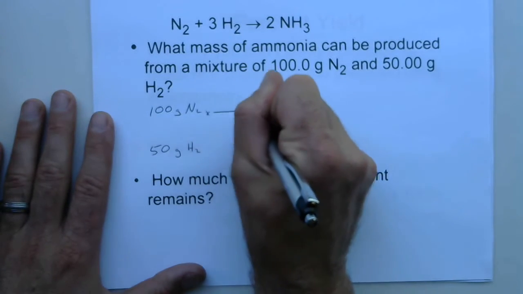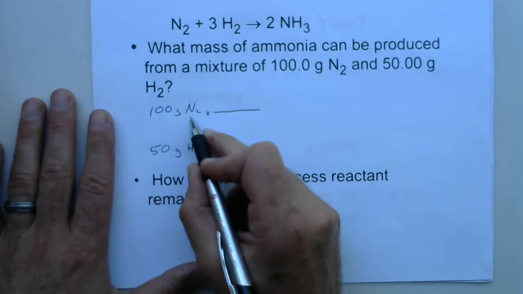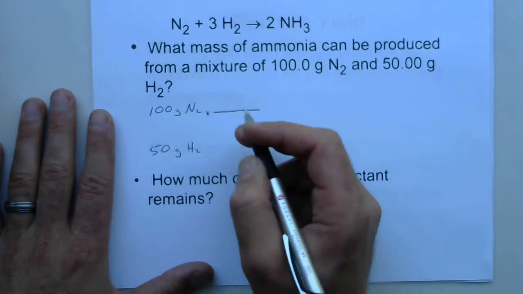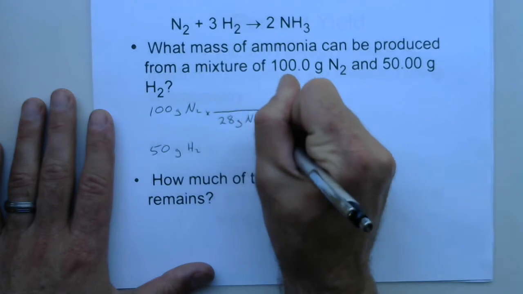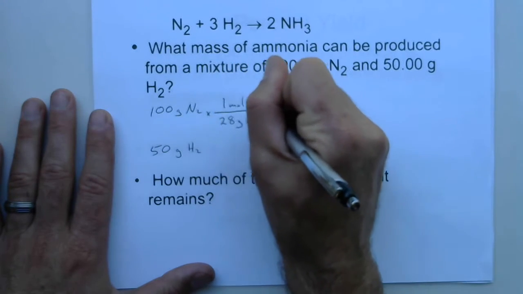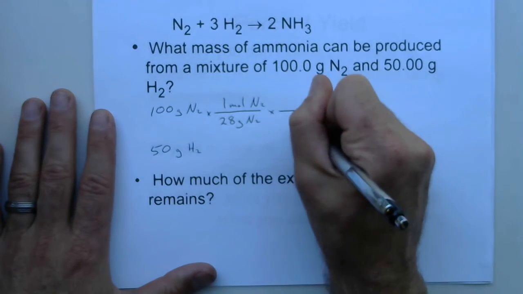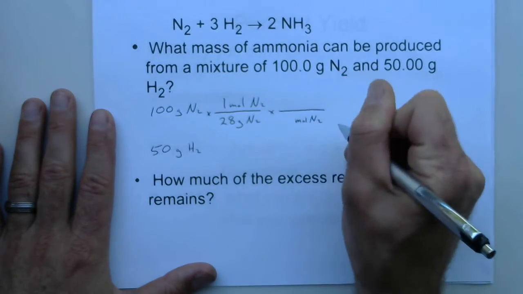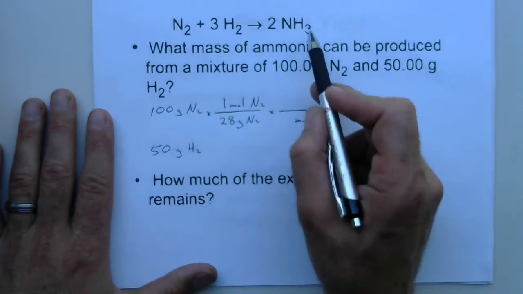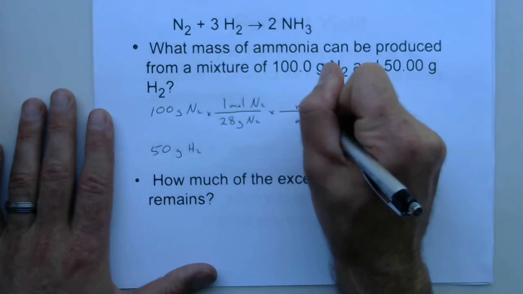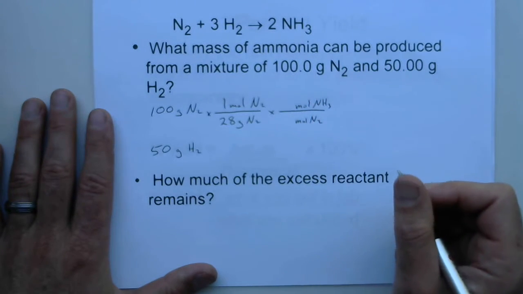All right, so starting with the nitrogen, we're going to take the molar mass. Molar mass of nitrogen is 14. It's diatomic, it's N2, so we have to double it. So 28 grams of N2 for every 1 mole of N2. Second step, changing moles of what we have, the N2, that's going to go on the bottom, into what we're interested in. We're interested in how much ammonia can be produced. So moles of NH3 will go on top.